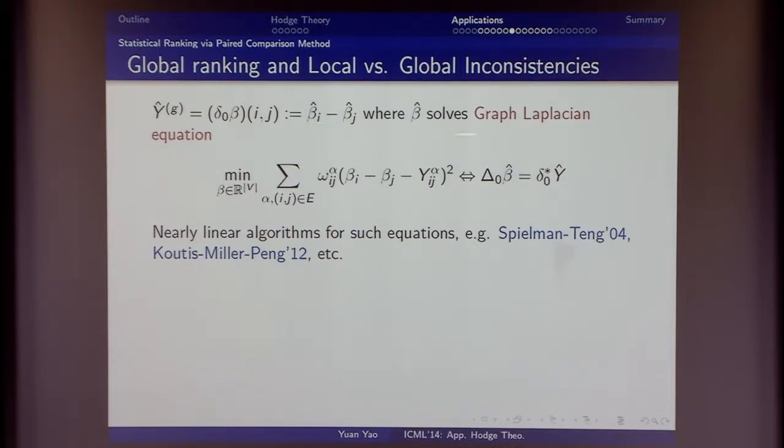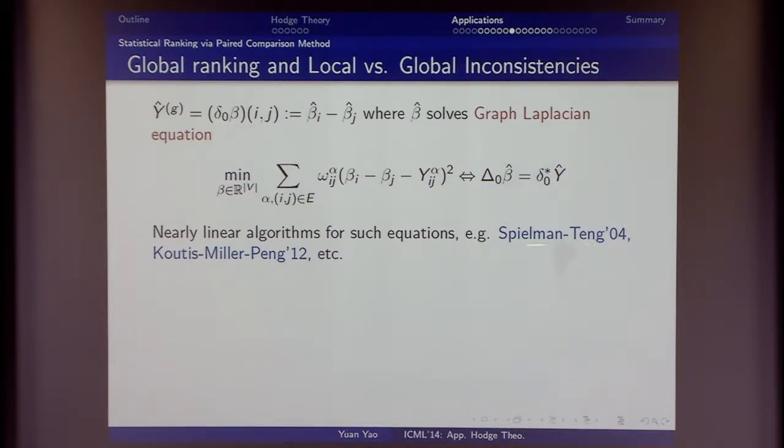The first component basically solves the Graph-Laplacian equation. The good news is that recently people know that for Graph-Laplacian equations we have nearly linear algorithms, and there are suggestions from groups like Spielman and Teng and Gary Miller's group.